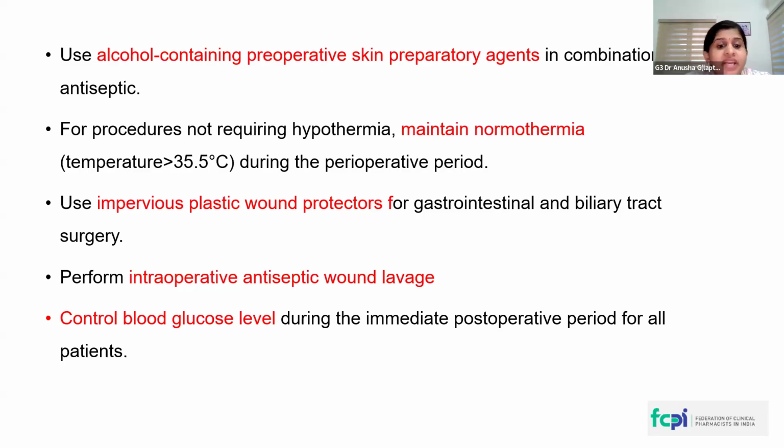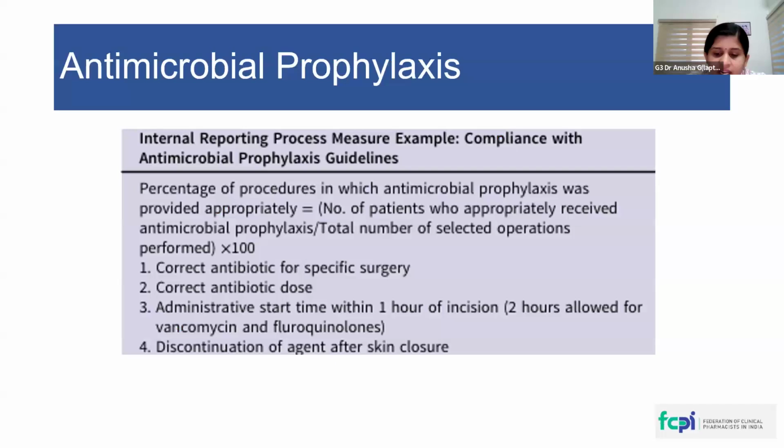And perform intraoperative antiseptic wound lavage if it is indicated. And blood sugar must be controlled during the immediate postoperative period, even the intraoperative period. So blood sugar has to be controlled. These are some of the essential guidelines told by IDSA to prevent surgical site infection.